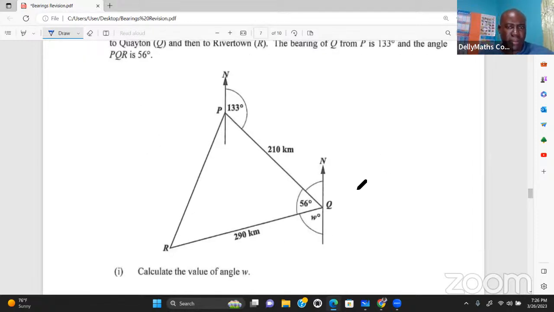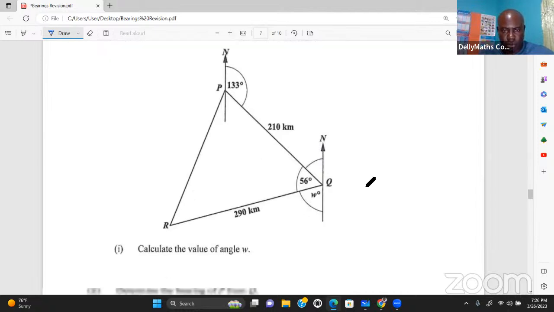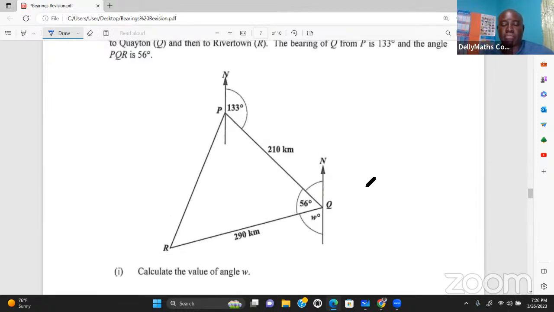So we have some information already. This diagram is well labeled, so we just have to see what it is that they're asking and do it.